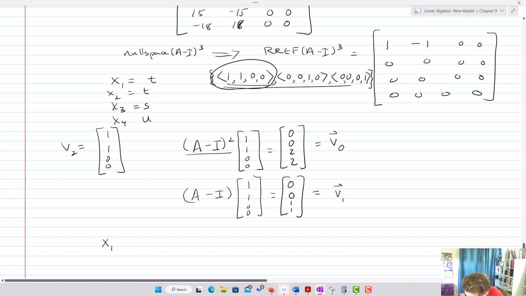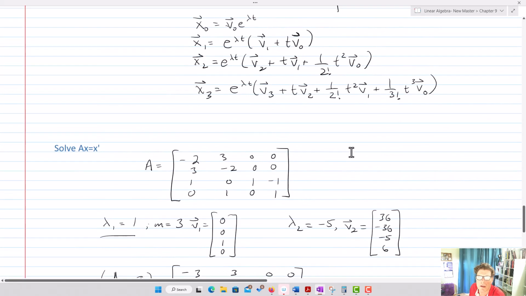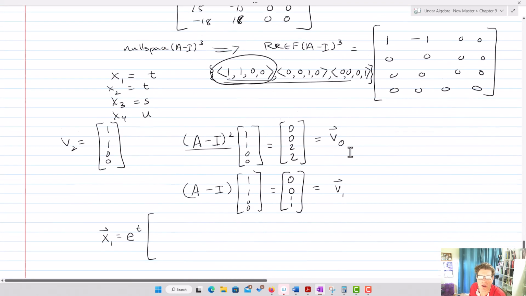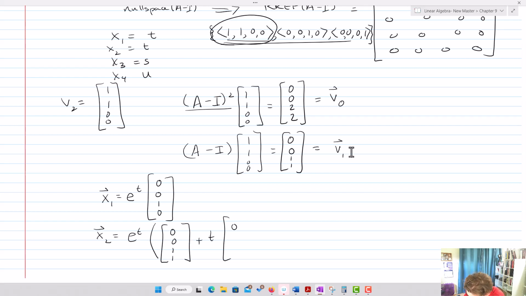So on the one hand, I'm going to start out with x1 equal to e to the t times 0, 0, 1, 0. So that's my first one. Then I've got x2, which is e to the t again, times 0, 0, 1, 1 plus t times 0, 0, 2, 2.